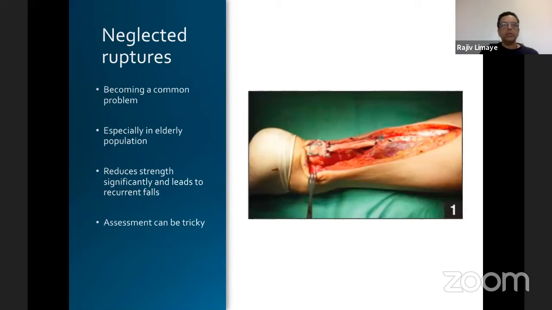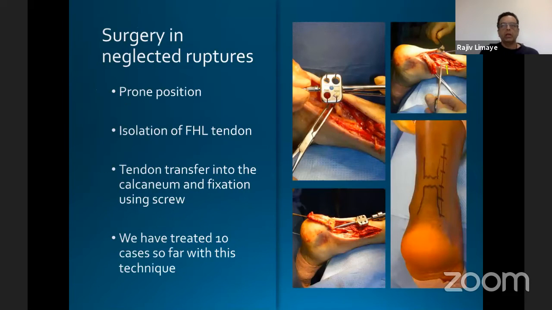Neglected ruptures of the Achilles tendon are becoming a common problem, especially in the elderly population. The assessment, although tricky, shows it reduces the strength of the tendon, leads to recurrent falls, and patients are not happy following the management. The treatment for these patients will generally be isolation of the flexor hallucis longus tendon and tendon transfer into the calcaneum using a biotenodesis screw.